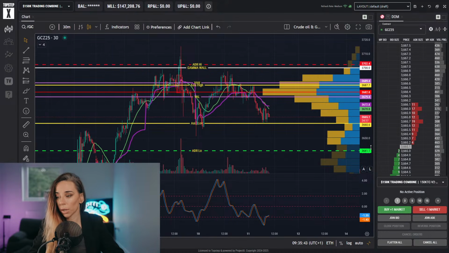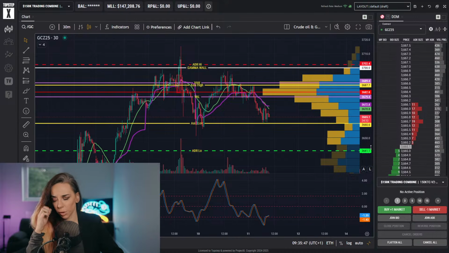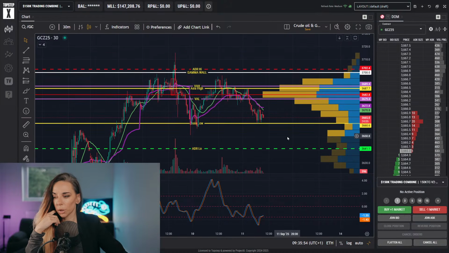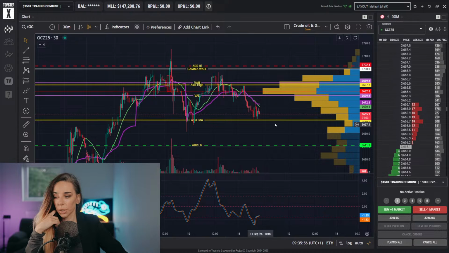That can be a sign of a reversal. And in gold's case, it could be a sign of just a new range getting established over the previous 3 days, right?